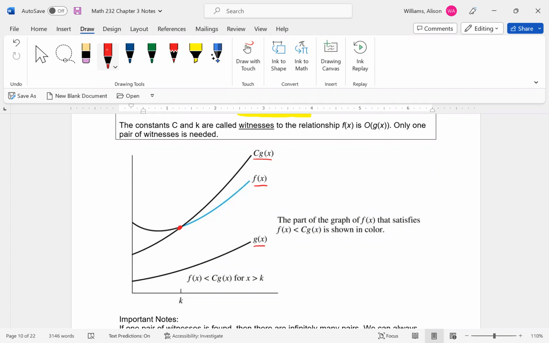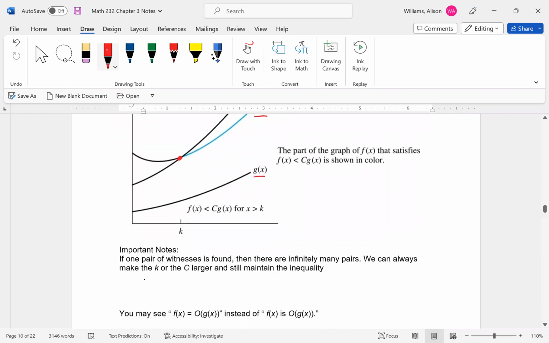As you can tell, there are a lot of different constants that could make that work. By constant, I'm talking about big C values that we could multiply by and make that work. So that is important note number one: if one pair of witnesses is found, there are infinitely many pairs of witnesses.